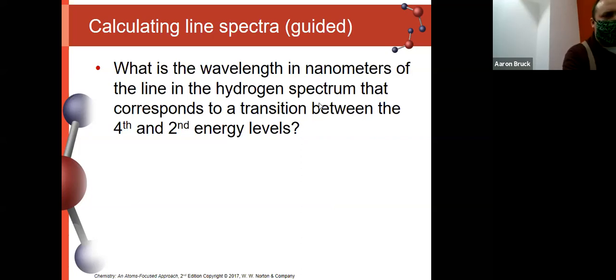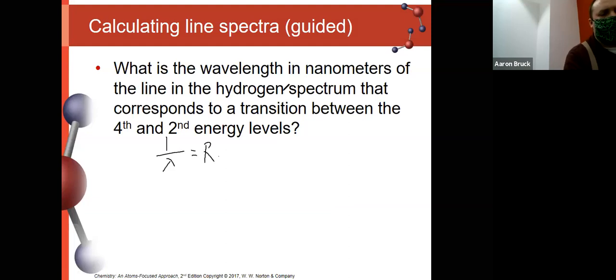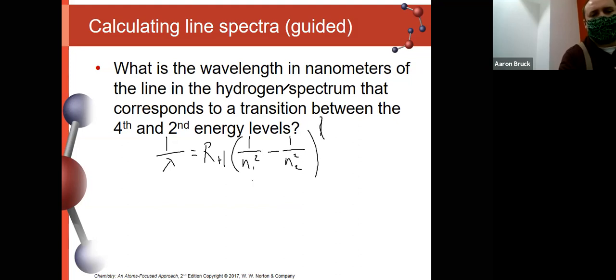So just to reiterate, the Rydberg equation says 1 over the wavelength is equal to the Rydberg constant, RH, multiplied by 1 over N1 squared minus 1 over N2 squared. And recall that the Rydberg constant is 1.097 times 10 to the 7th reciprocal meters.